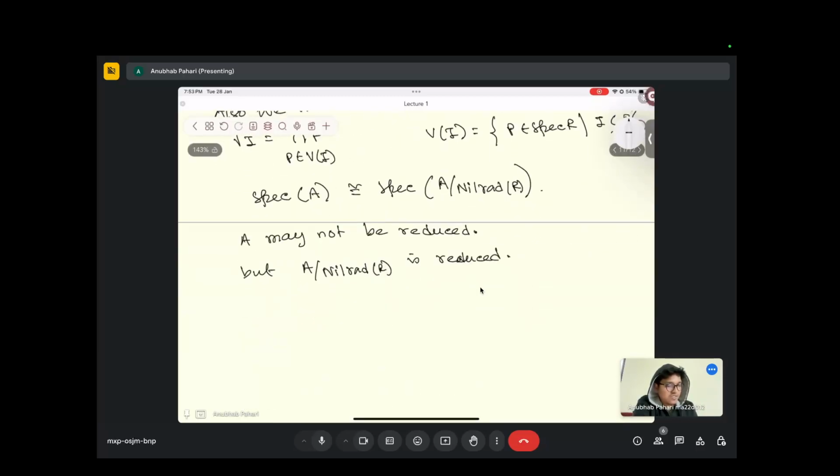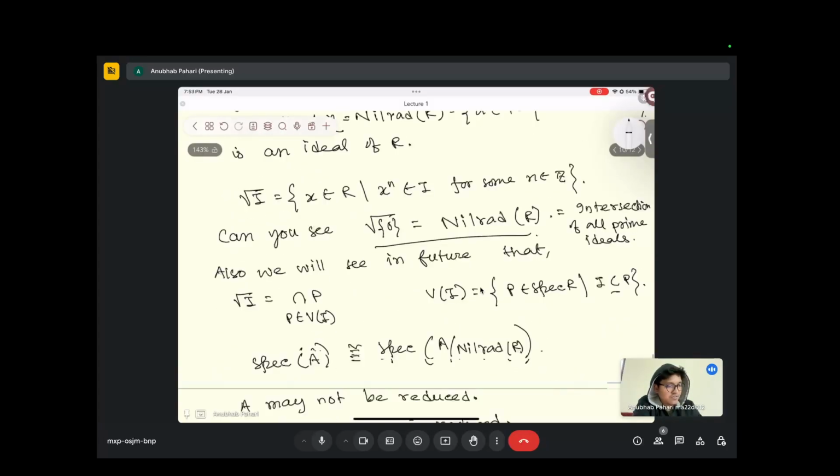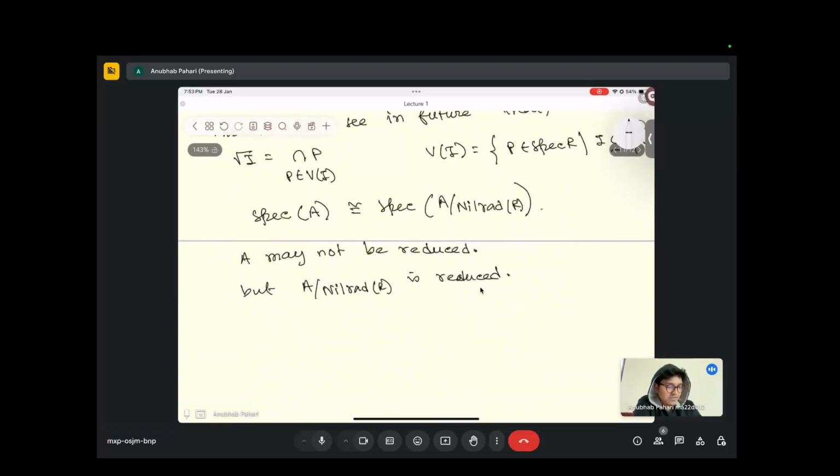I denote my nilradical like this, from Atiyah-MacDonald notation. So first of all we have to show that it is closed under multiplication.